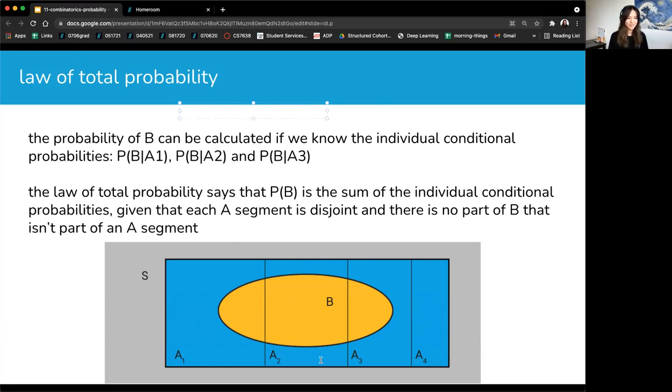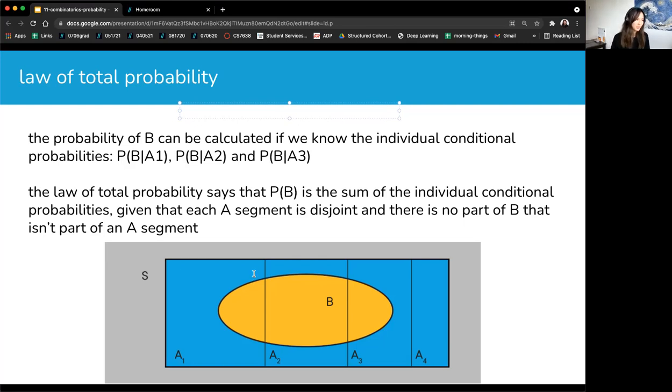So there's A1, A2, A3, A4. Superimposed on that, you also have B that is just occurring on top of that. So let's just say that you know the individual conditional probabilities, and there are circumstances where this happens. And I'll give you all an example of a question like this in a little bit.